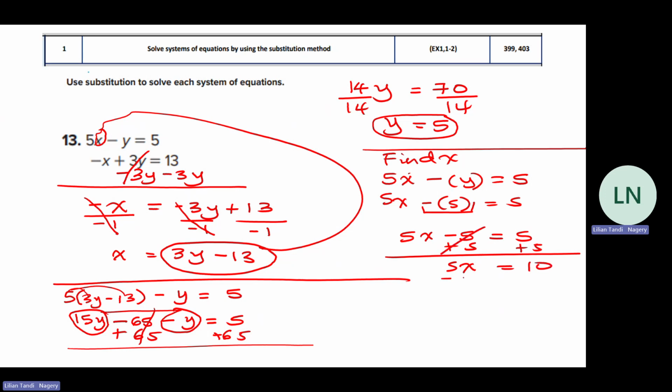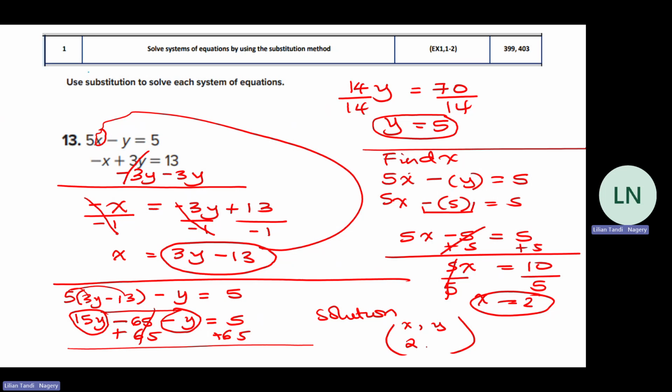I want x, so I will divide both sides by 5 and x equals 2. Then I will write my solution, x comma y, which is 2 comma 5, and I will box my answer.